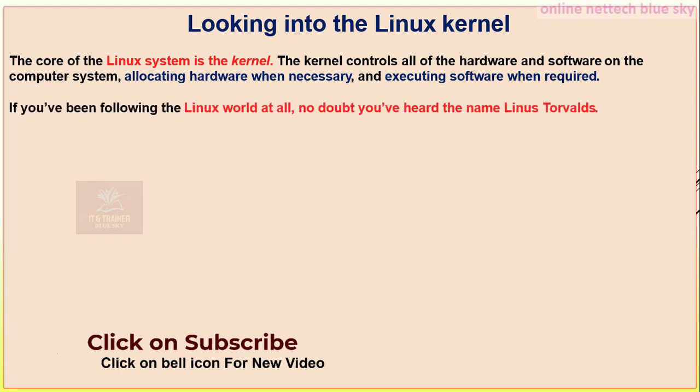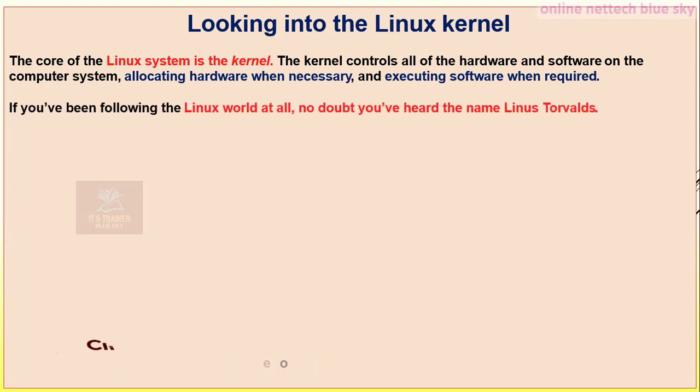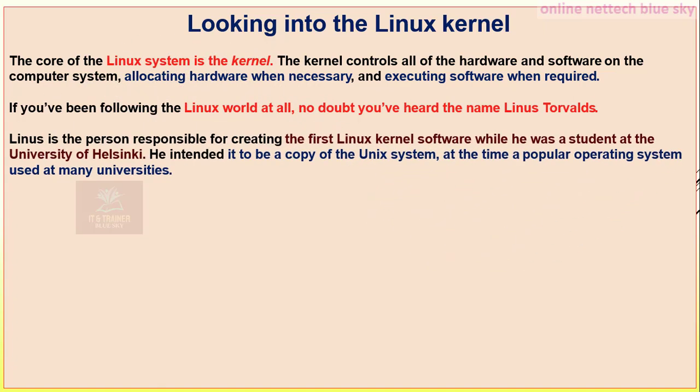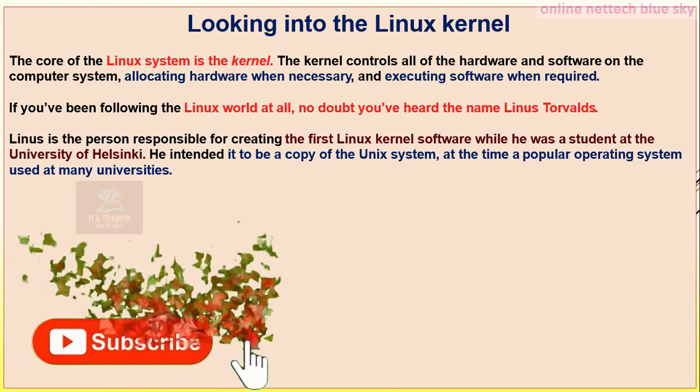If you have been following the Linux world at all, no doubt you have heard the name Linus Torvalds. This Linus Torvalds, an engineer, created the Linux operating system. Linus is the person responsible for creating the first Linux kernel, which means the operating system.